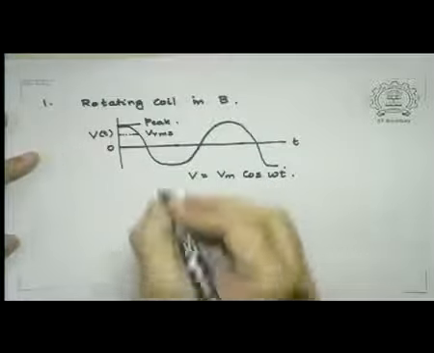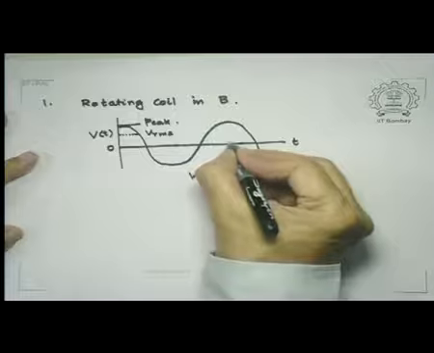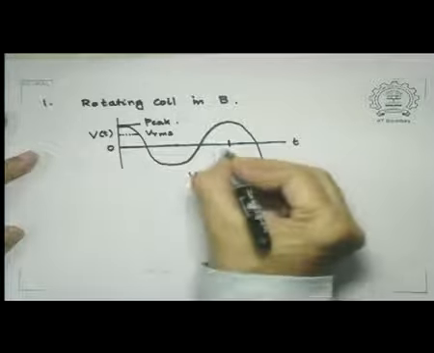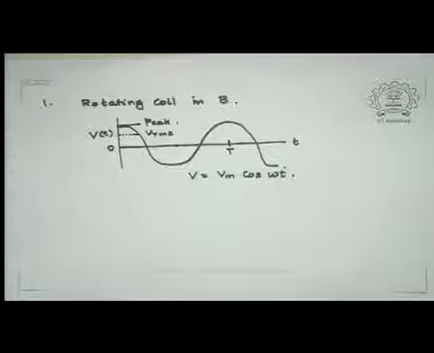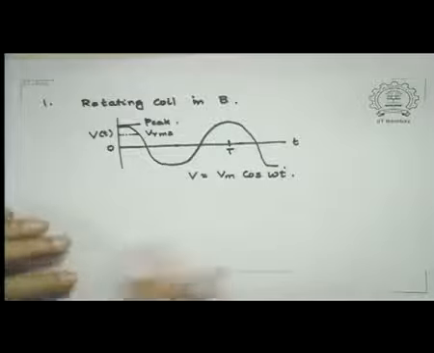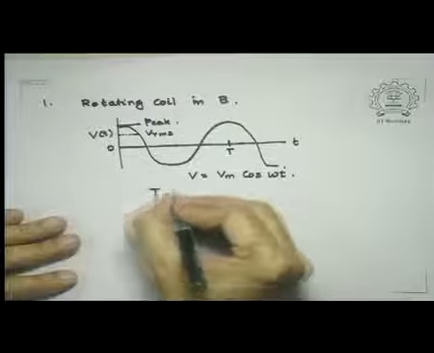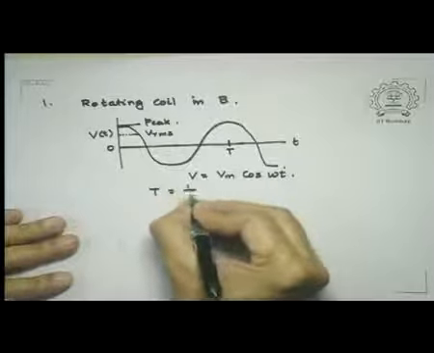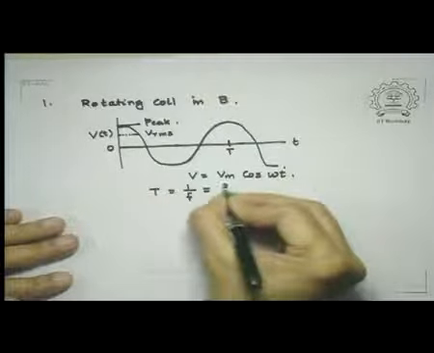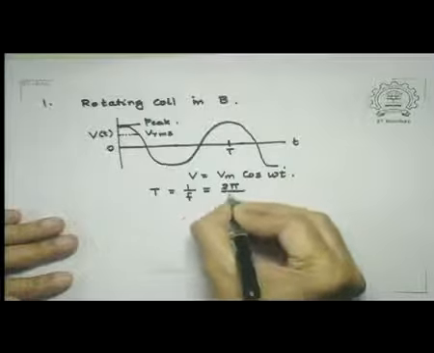The time period, which is this distance of time between a time t equal to 0 and the time when it again returned back to the same value of the voltage. So time period T, which is inverse of the frequency, is 2 pi over the angular frequency omega.